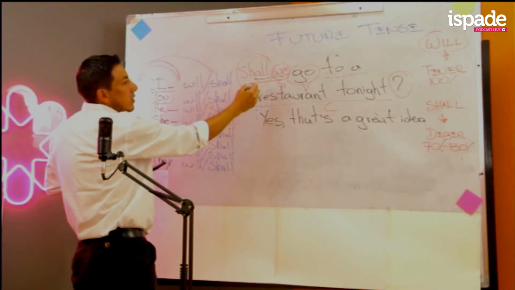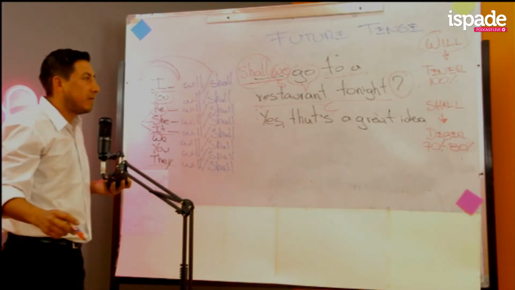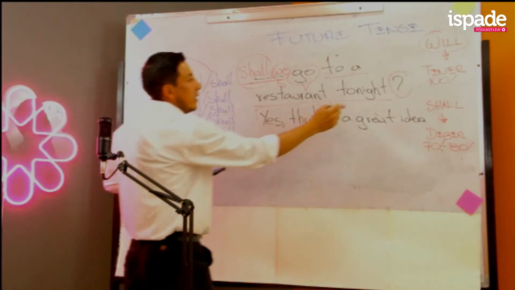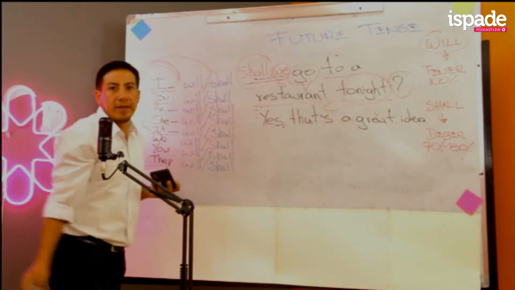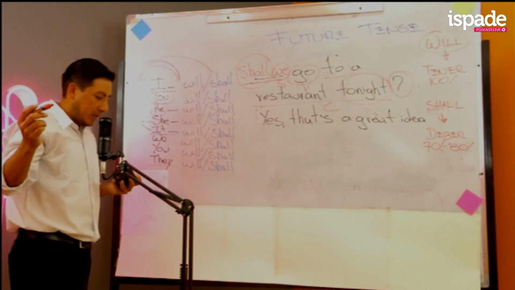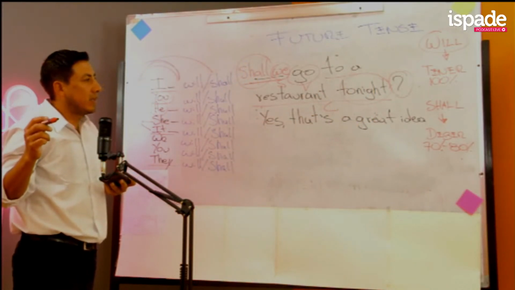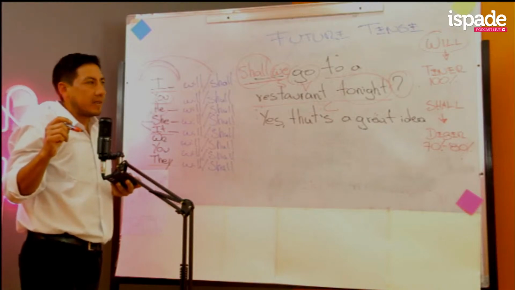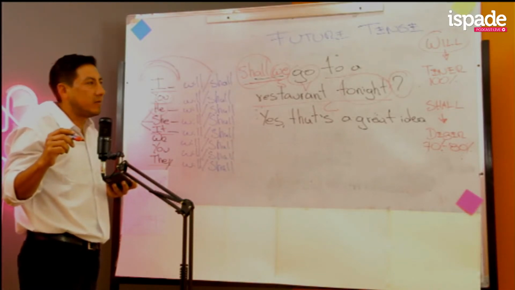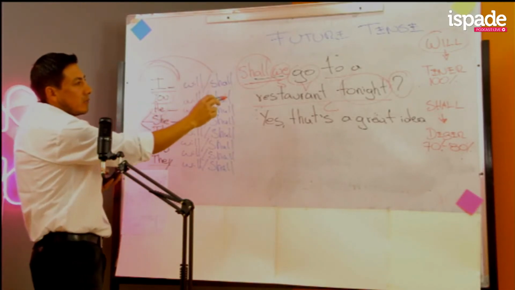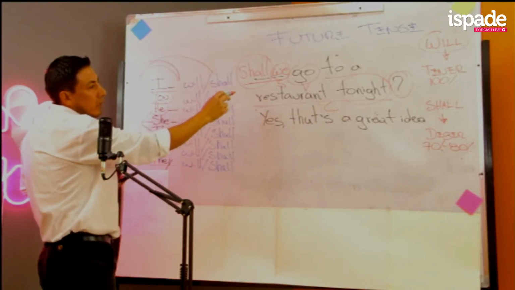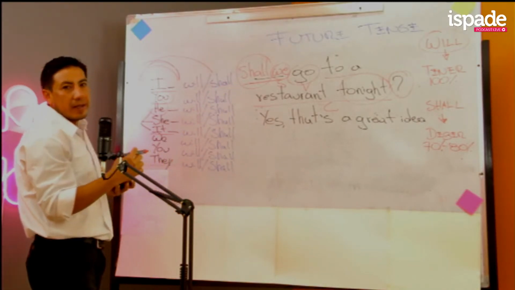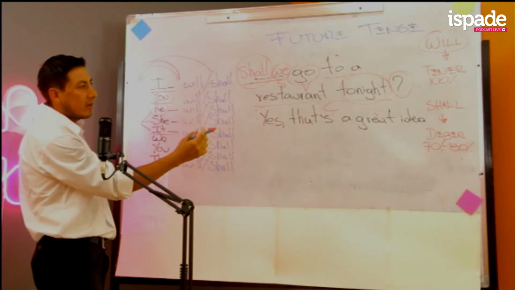We are using shall because we are changing the tense in the future, because we are saying tonight. Remember? Check it with the representation about the tense, tonight. So it's future. Subject plus verb plus complement. Shall we? Option. And the answer is yes, that's a great idea.